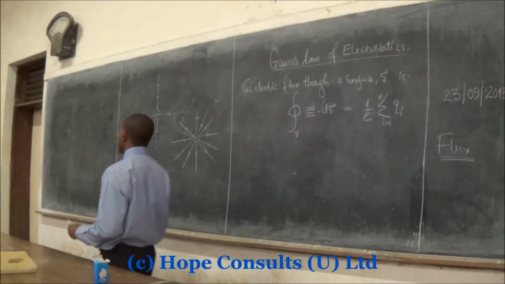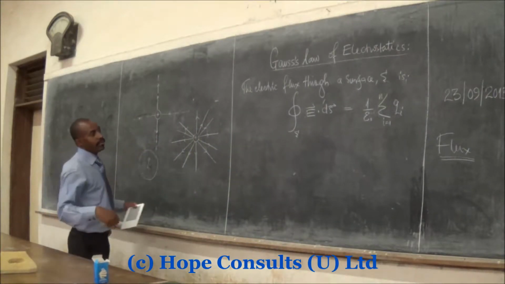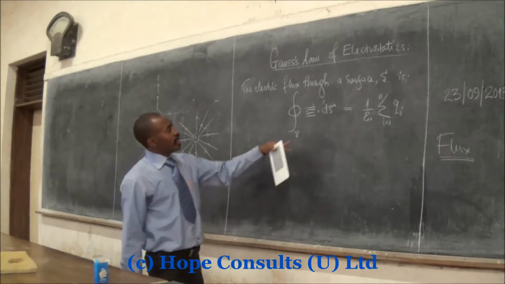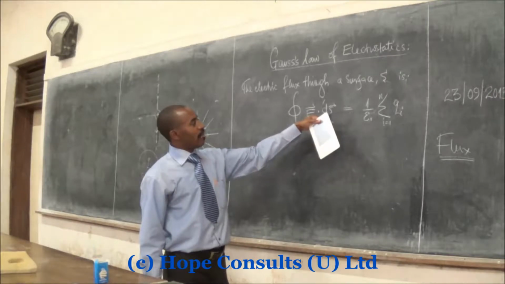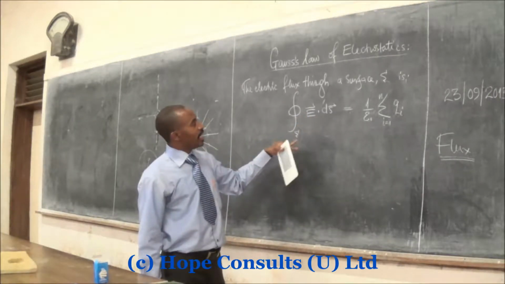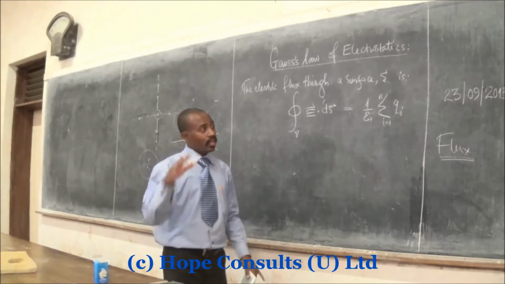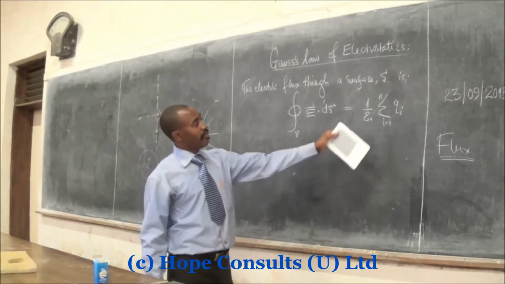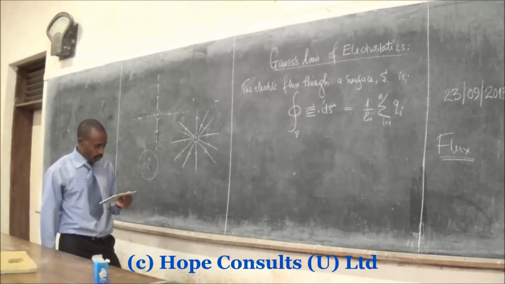So if you had a bunch of charges q_i within a given vicinity, Gauss's law would be that the dot product of E and the surface area element, integrated over the surface of this whole region, would be the same as the summation of these individual charges.